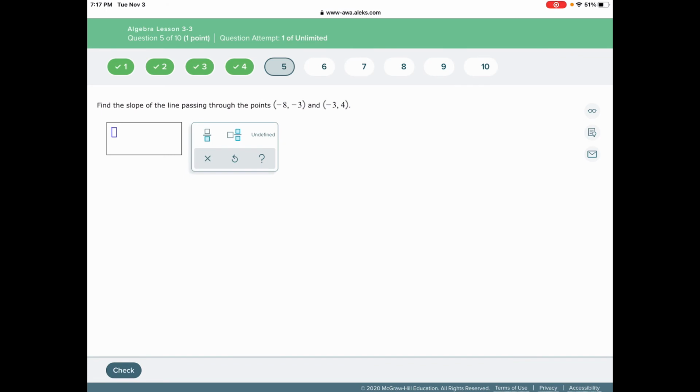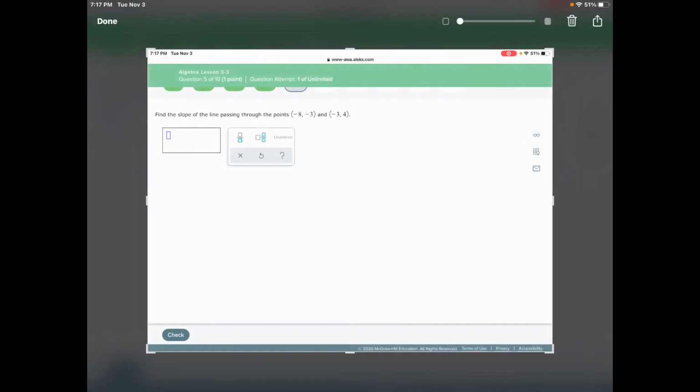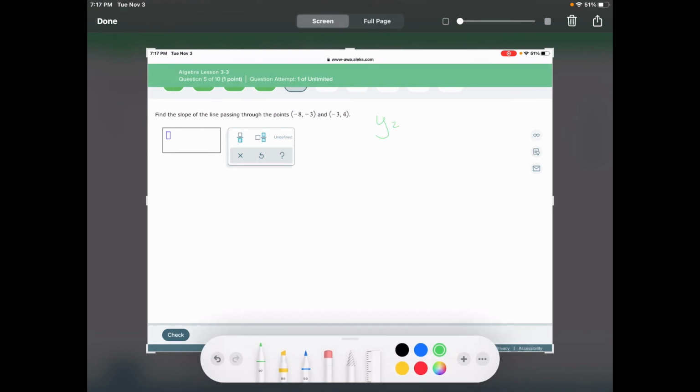Okay, find the slope of the line passing through these points. So this time we're going to use the slope formula. I'm going to do this formula y2 minus y1 over x2 minus x1. And so 4 minus a negative 3 over negative 3 minus negative 8.